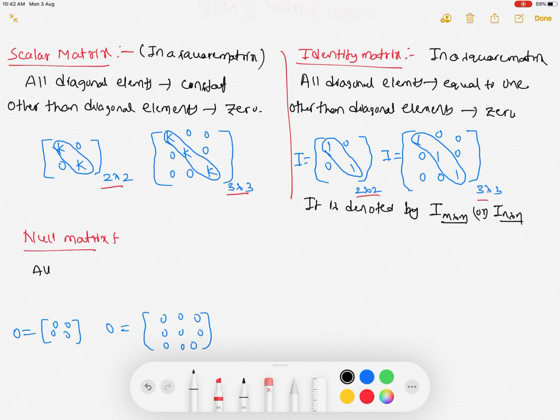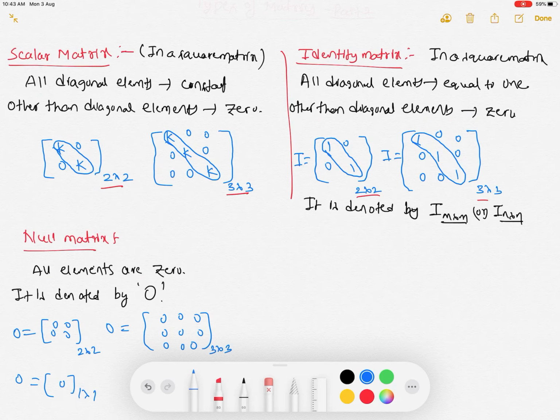Here all elements are 0, that's why it is called a null matrix. It is denoted by the symbol O. So here it can be of any order. Here I have taken 2 by 2 and 3 by 3, but it can be any order. It can be like this also, a 1 by 1 matrix with 0.